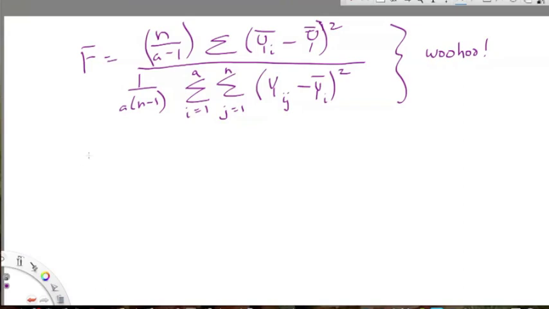So I introduced in a previous video our statistical model, where our observation y consists of an effect that is due to being a member of group i.